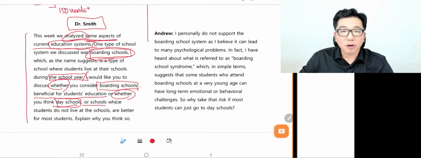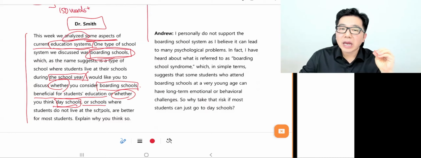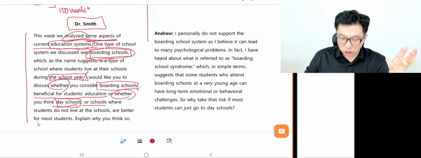Not what you prefer, which is a better school system, generally speaking, for more students? That's the question. That's a sharp comprehension of this question. Where students do not live at the school are better for most students.